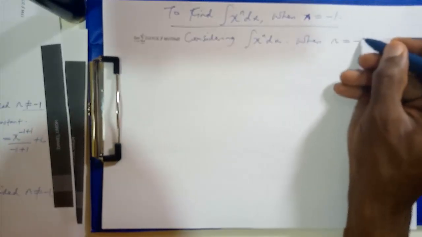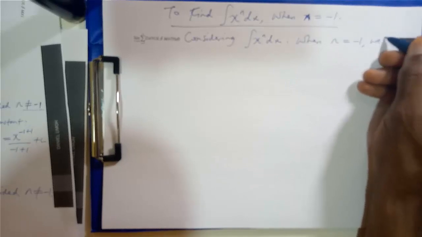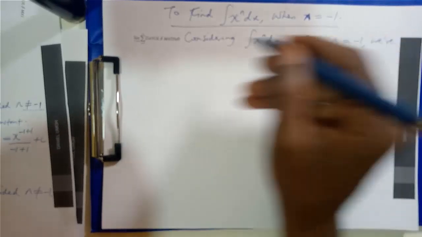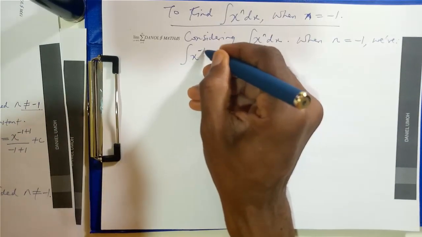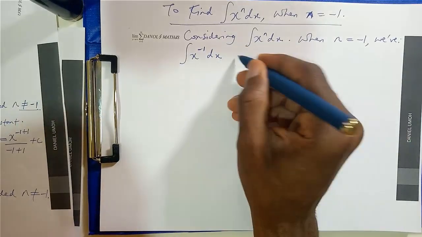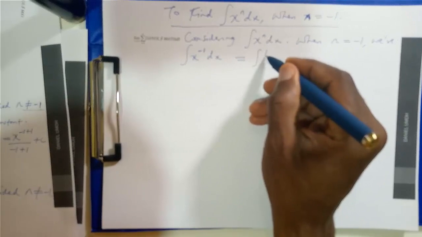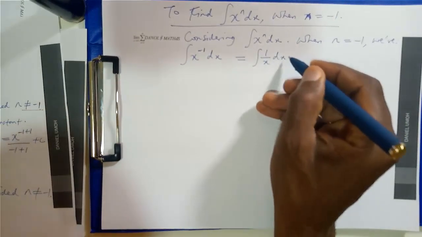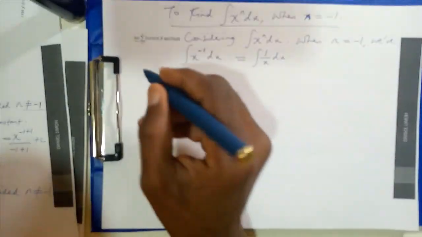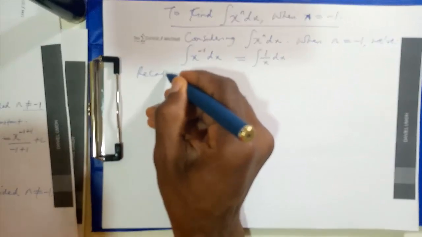When n equals minus 1, we are going to have the integral of x raised to the power of minus 1 dx, and this will give us what? X raised to the power of minus 1 in indices is what? 1 over x dx.